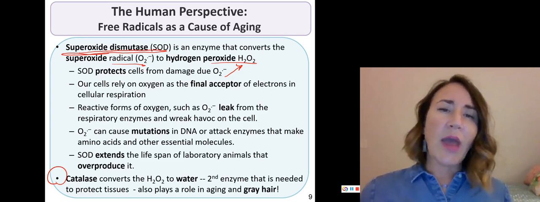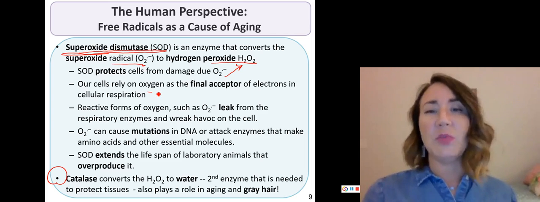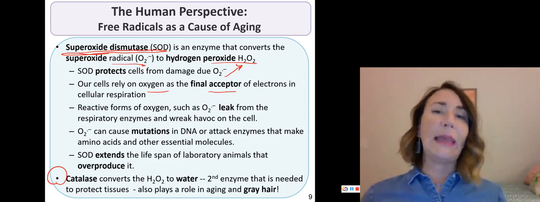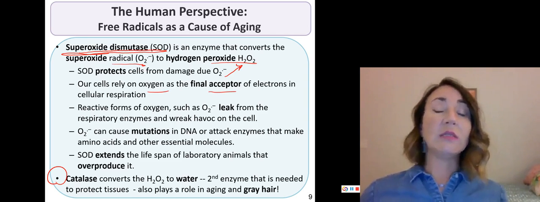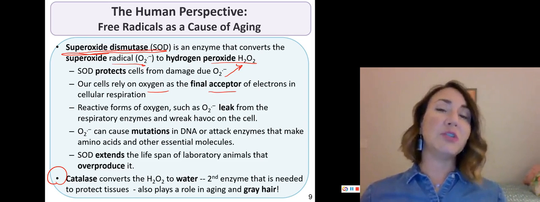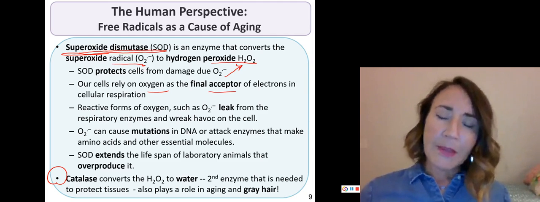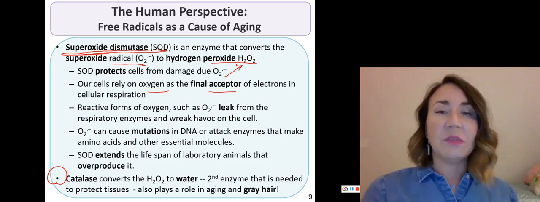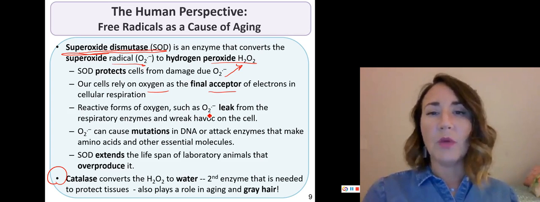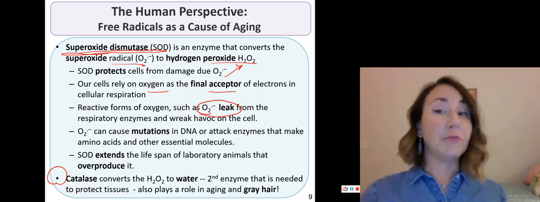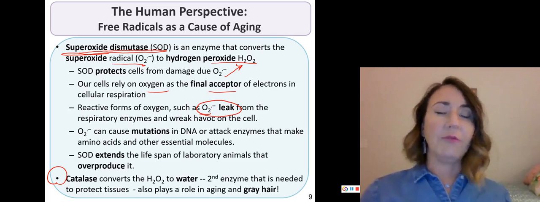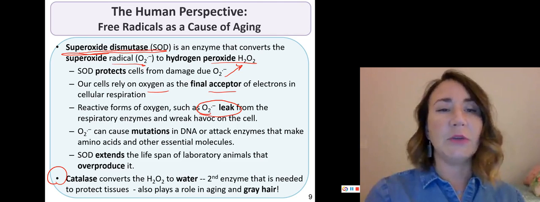Having oxygen present and being able to be the final acceptor of electrons allows us to get as much energy as possible, or as much ATP, which is cellular energy, for our bodies. And as a consequence of this metabolic pathway, you have these superoxide free radicals that can leak from the respiratory enzymes, the cellular respiratory enzymes.